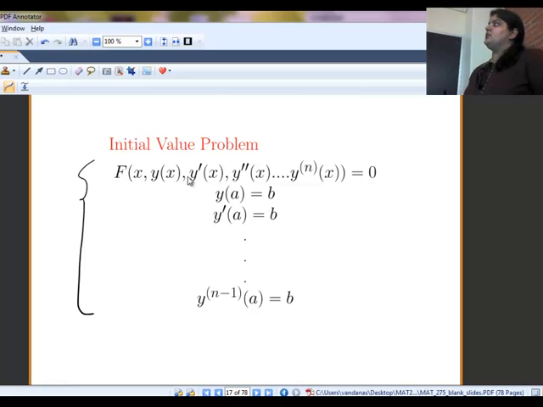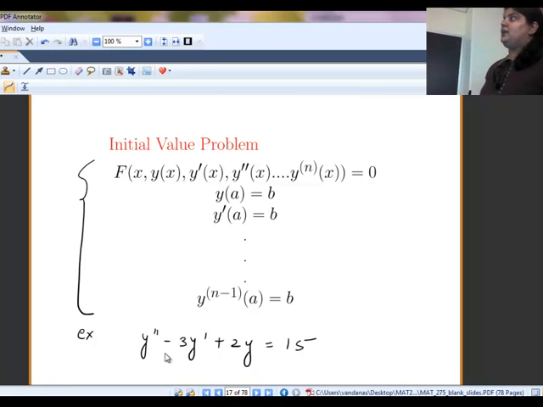Now this function f, which is on the left hand side, is nothing but a differential equation. So for example, if I had a differential equation y double prime minus 3y prime plus 2y is equal to 15, say, then in this situation my f will be everything, and I will pull this 15 also to the left hand side, because I am writing f of this is equal to 0.